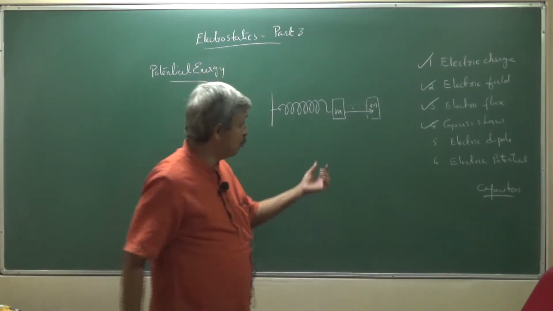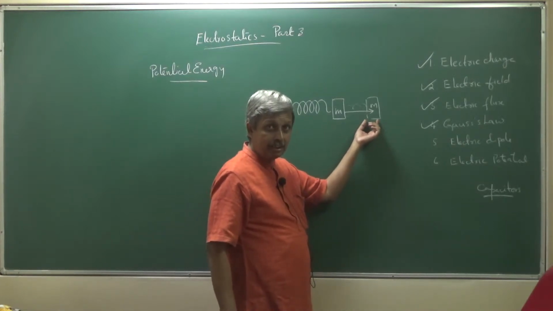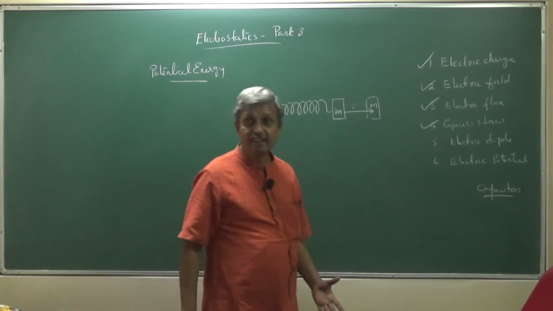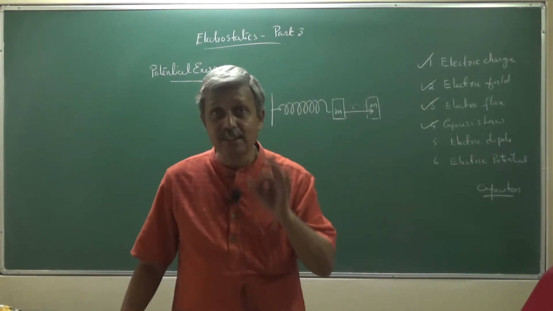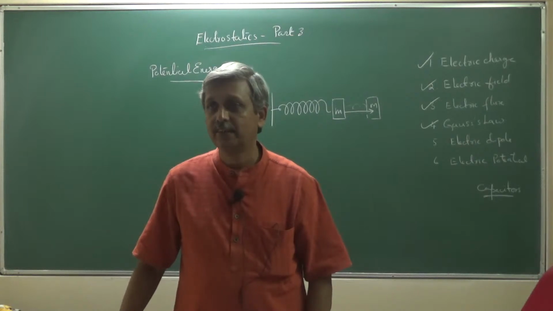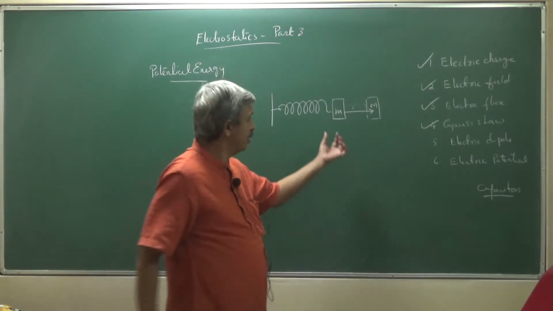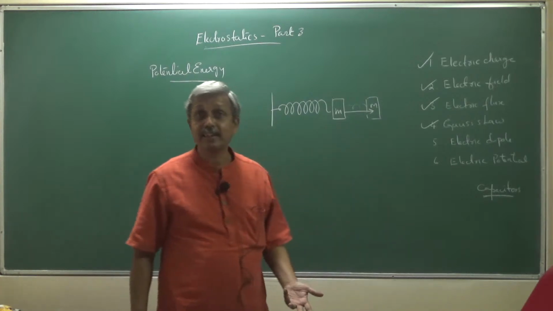But if you pull it here and hold it here, it has potential there, because the moment you leave it, it will start moving. That's a good indication that it has potential there. Here, if you leave it, it won't move, so it doesn't have potential.